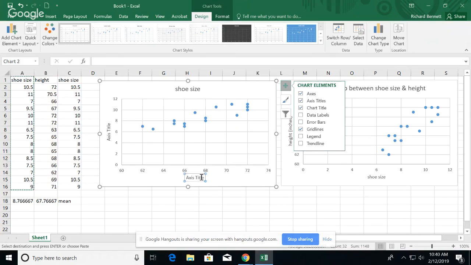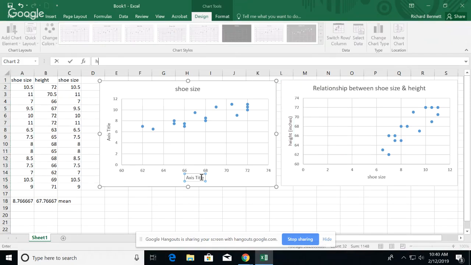So the x-axis is height in inches, and this is shoe size. Okay? And this is the height and shoe size relationship.